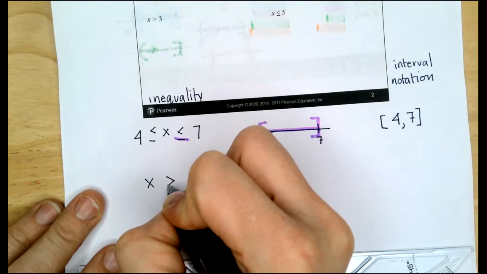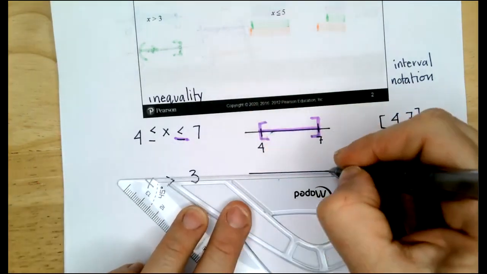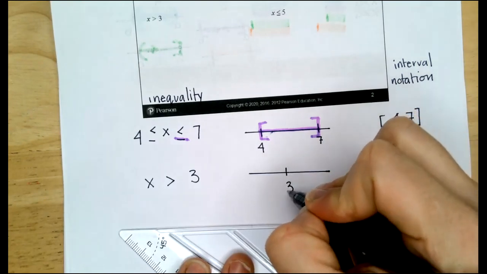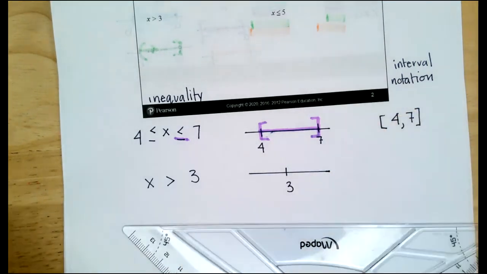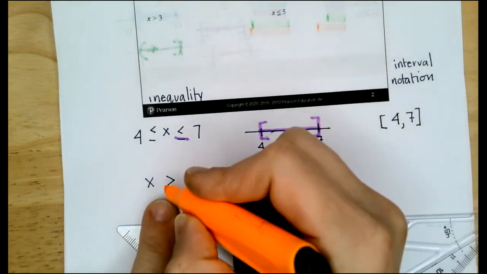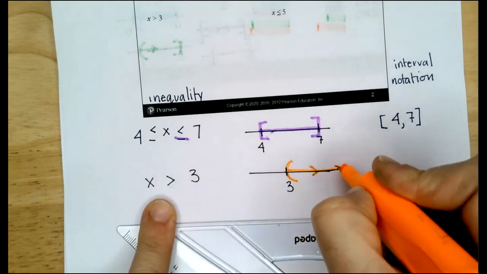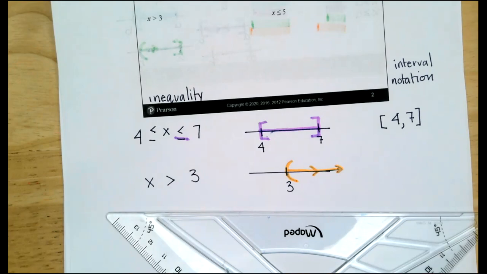My next one is, I guess I'm going to go down here. X is greater than 3. Here's 3. X is greater than 3. My arrow is going to be going that way from 3. It doesn't include 3, so it's just parentheses. So there's the graph of it.